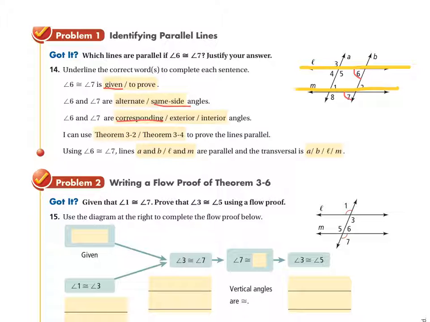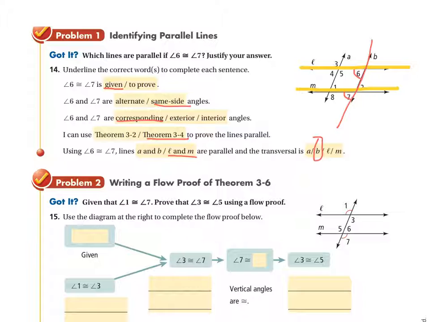Which theorem can I use to prove that the lines are parallel? Theorem 3.4 is about the corresponding angles. Using angle 6 congruent to angle 7, lines L and M are parallel, and the transversal is line B. That's the line that went here.